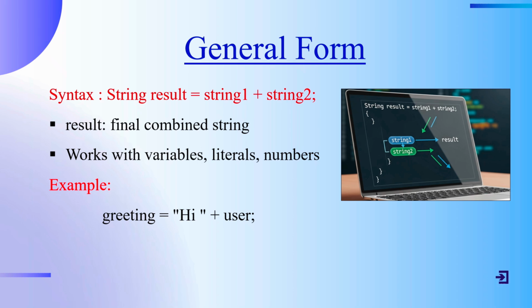String1 and string2 are the two values that we will be joining. For example, String greeting = "Hi" + username that we enter, as we did in the previous program, where we entered a particular name and used Hello as a greeting.